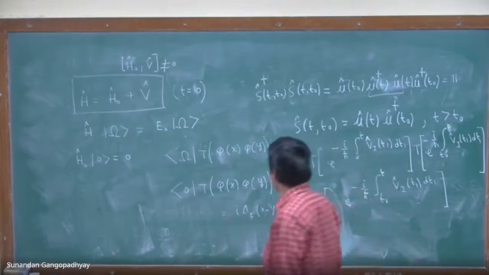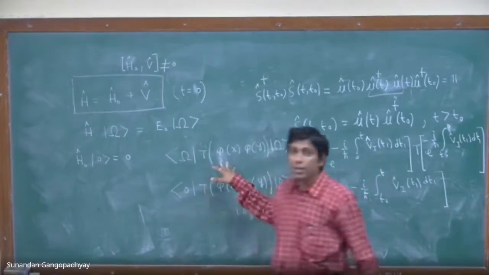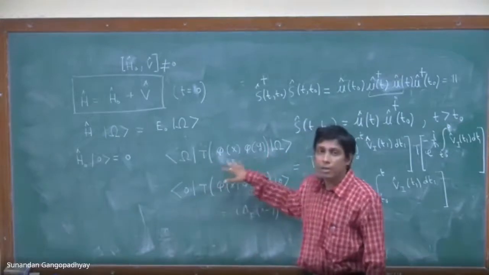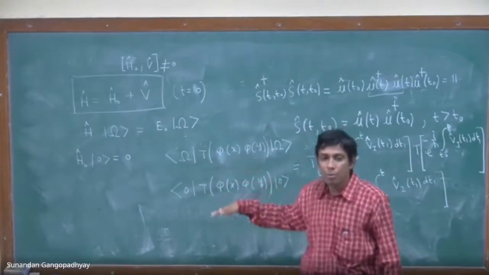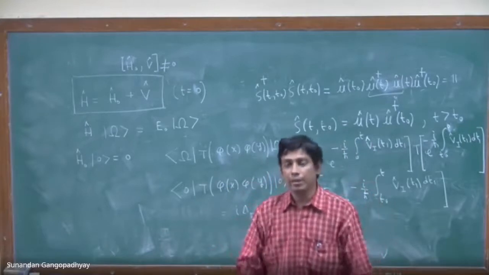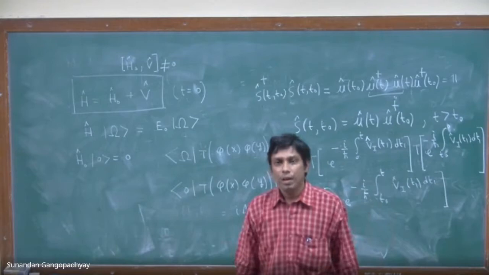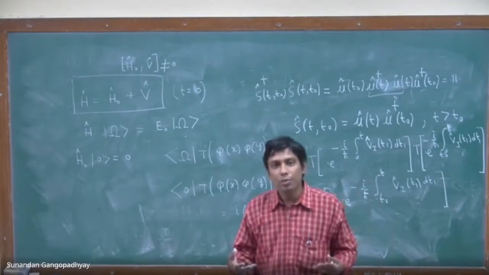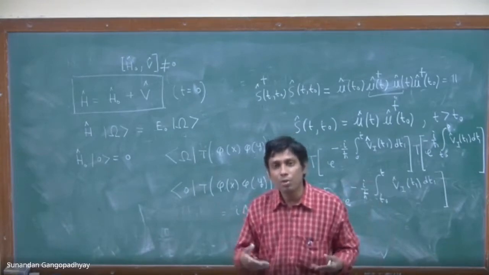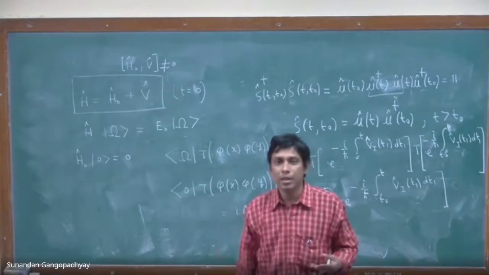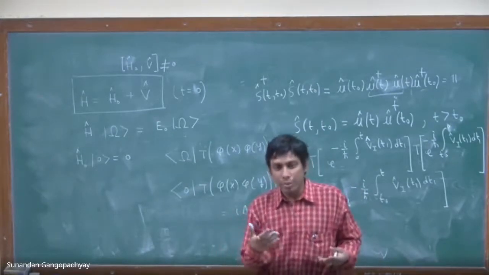In other words, these are field operators. You know that these are operators. So these field operators are time dependent, so they are in the Heisenberg representation. And you don't know what their forms are because you don't know how they evolve in the Heisenberg picture. Because in principle you should be able to calculate it, but it is very difficult to calculate.